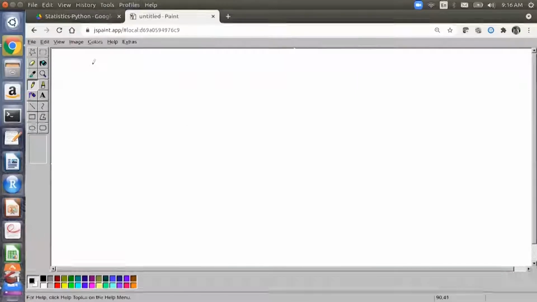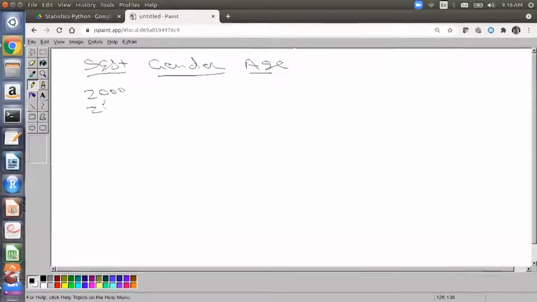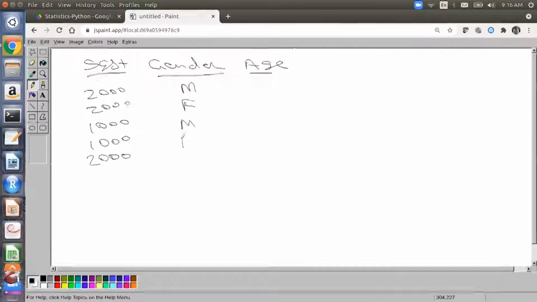I'll tell you simply one thing. Suppose I have one data set available where we have square feet, gender, and age. Square feet is 2000, 2000, 1000, 1000, 2000. Gender is male, female, male, female, male.